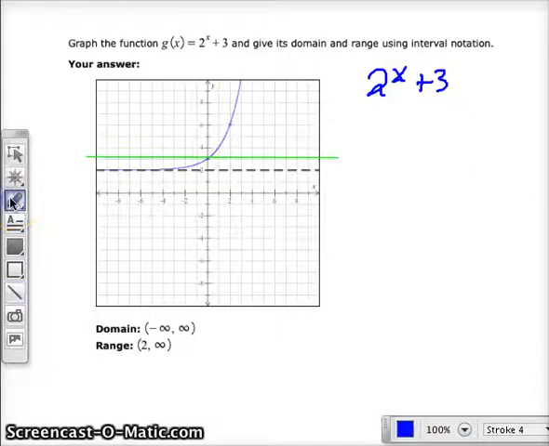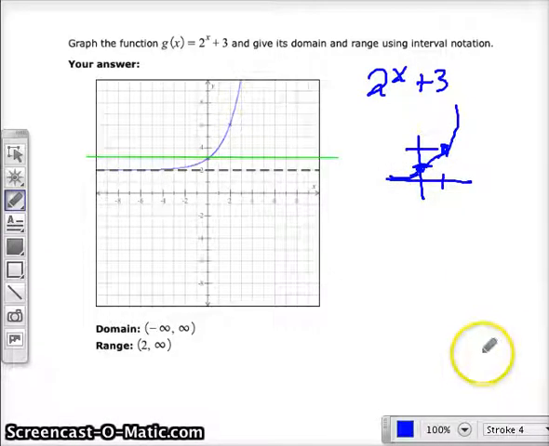Now, again, what does a graph of y equals 2 to the x look like? 0, 1, 1, 2. Okay? And what am I going to do with that? I'm going to move it up 3. So instead of 0, 1, I'm going to move that up 3. Instead of 1, 2, I'm going to move that up 3. There you go.